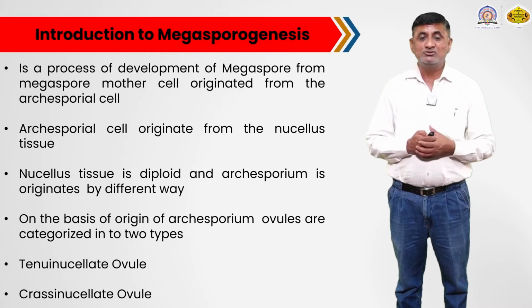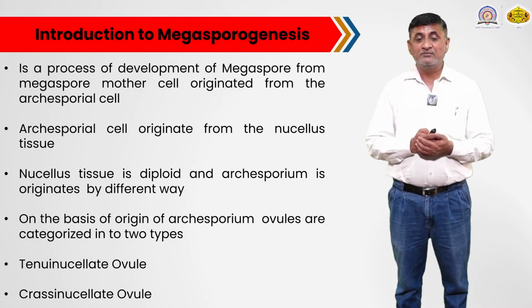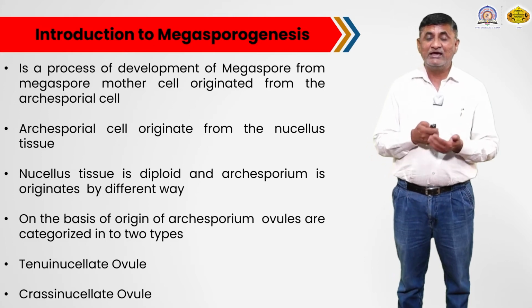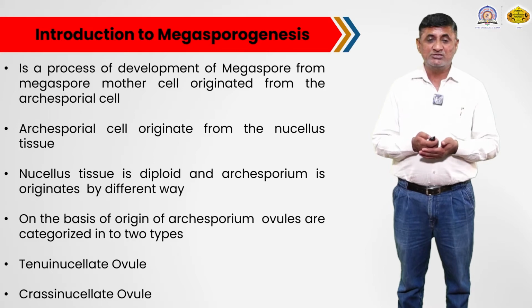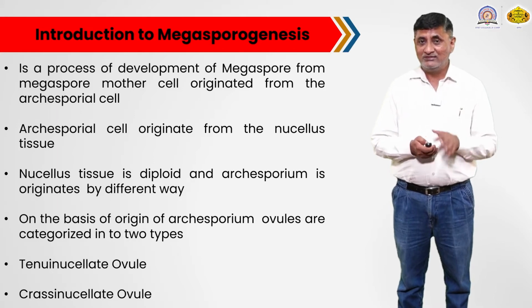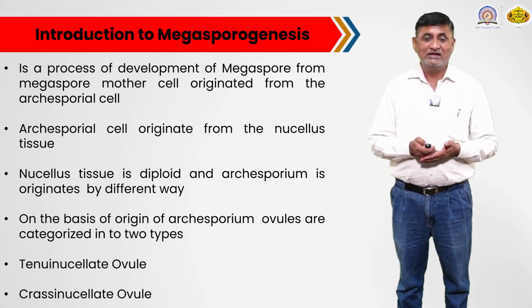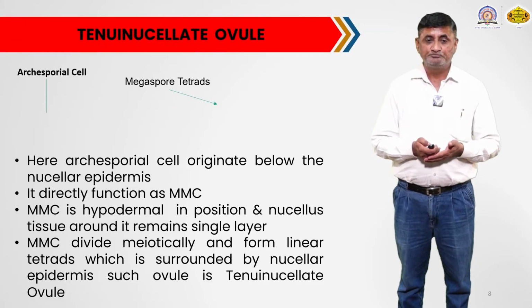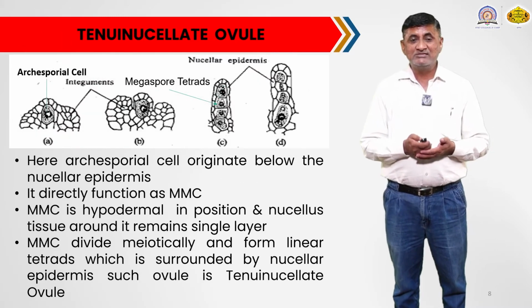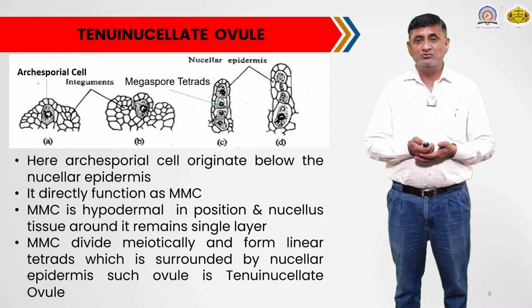So these kinds of ovule are based on how the archesporial cell originates at the time of Megasporogenesis.